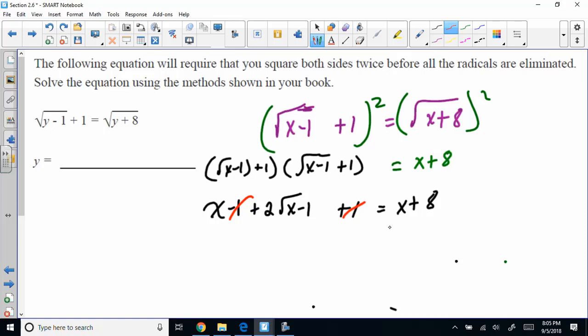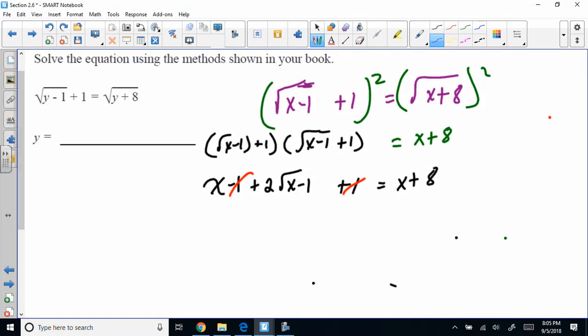Or do we? No, we don't want to do that. Hold up. Okay, so I ain't gonna do 2 and 1. I'll just stop. The negative 1 and positive 1 cancel out, right?